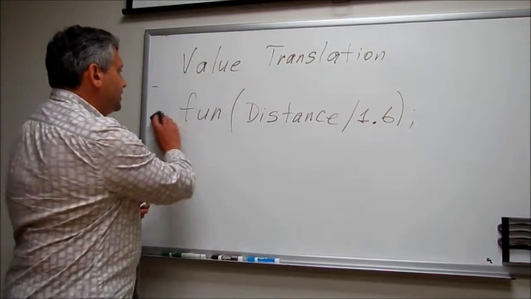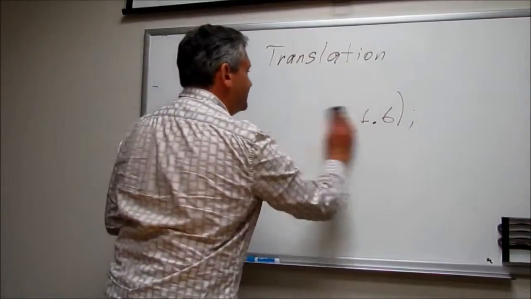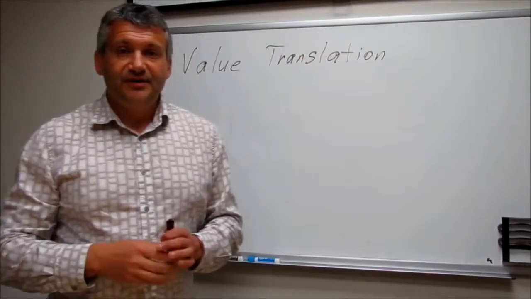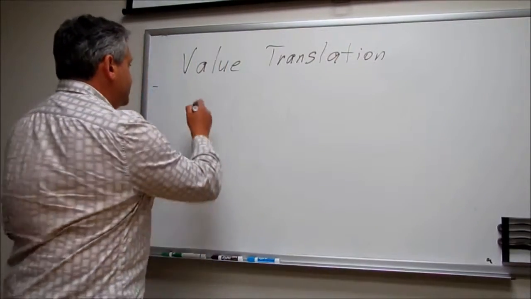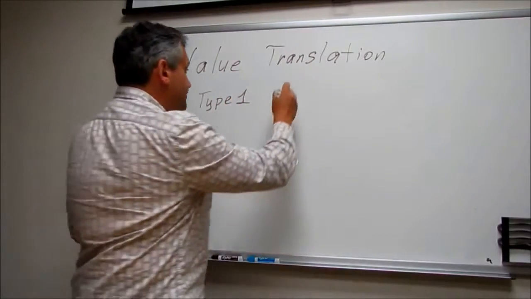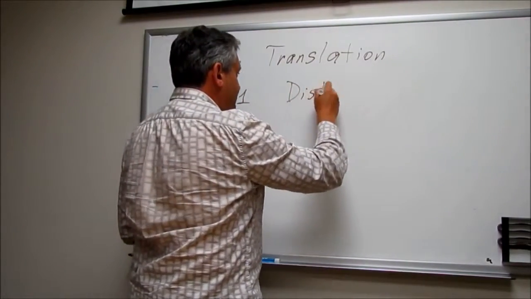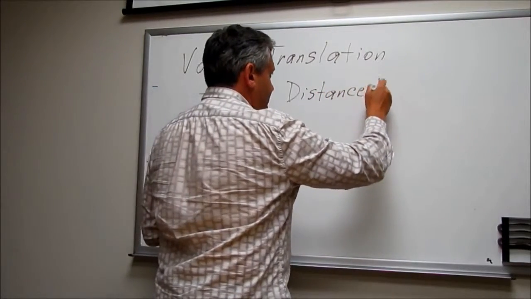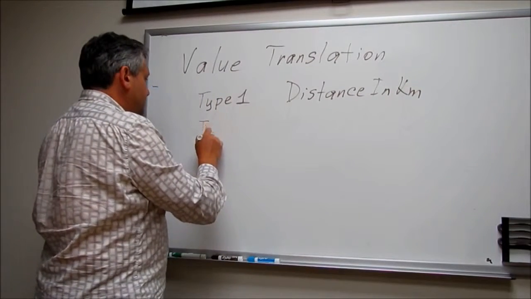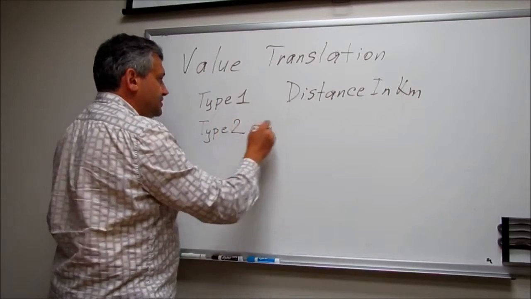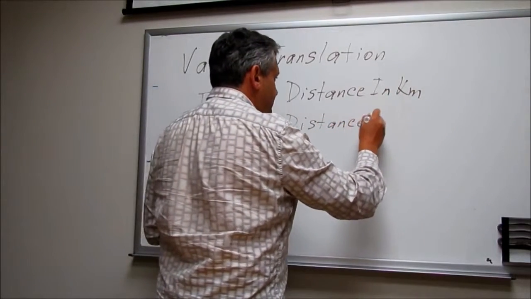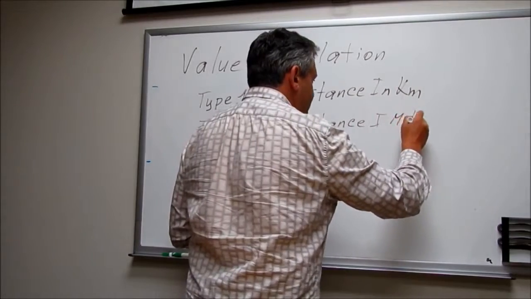We do it by creating two special types. Type 1, that we will call distance in kilometers, and another type, type 2, that we will call distance in miles.